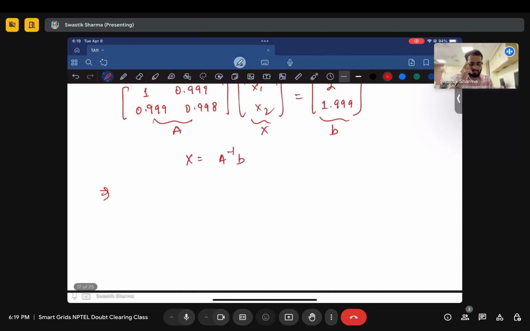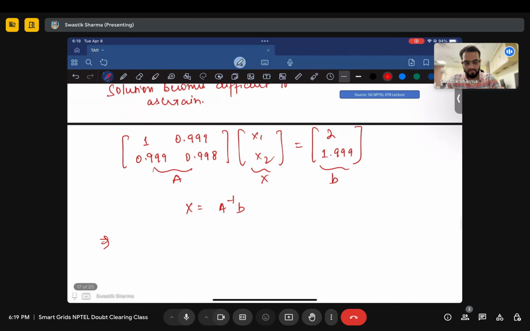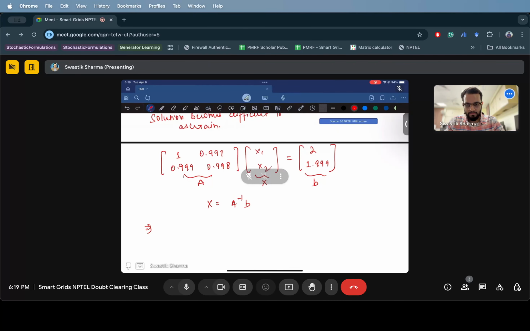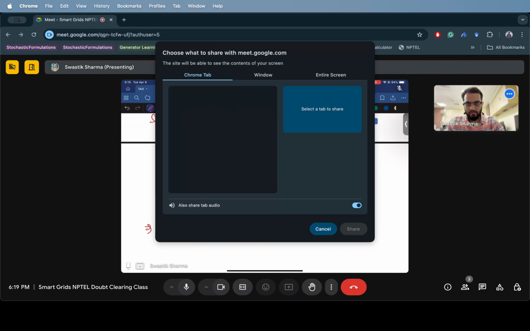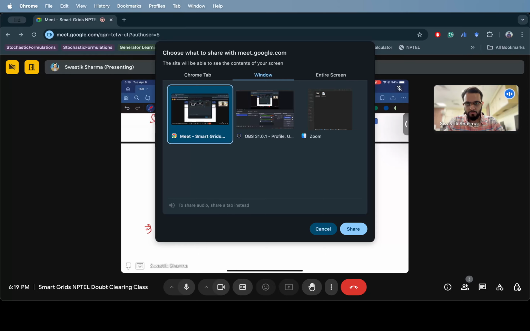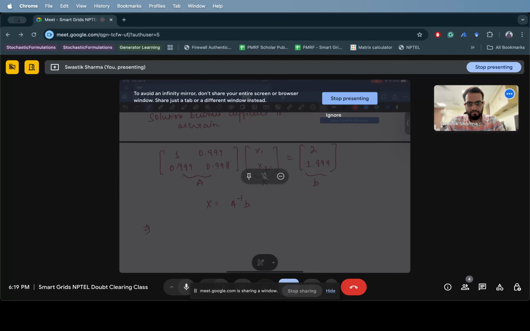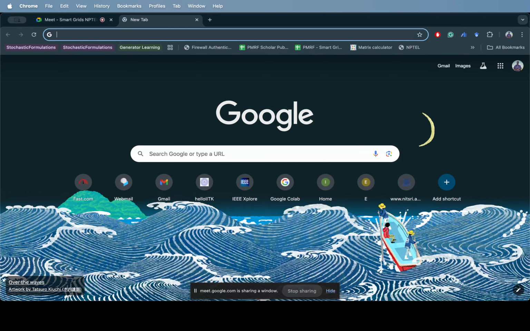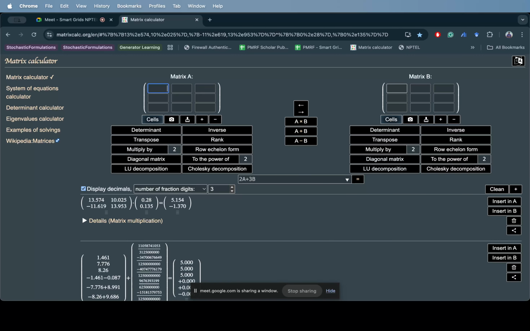I don't know if you will be able to see it, so I'll just share my screen, Chrome tab, window. Let's go to the matrix calculator and I'll write these values: 1, 0.999, and 0.999 and 0.998.